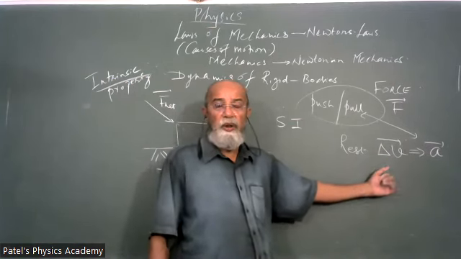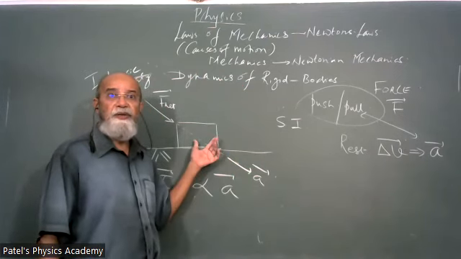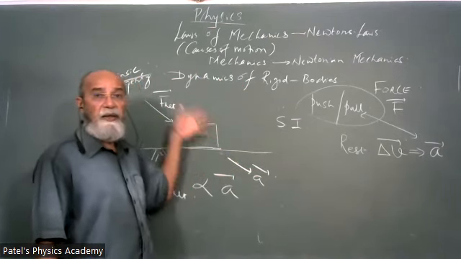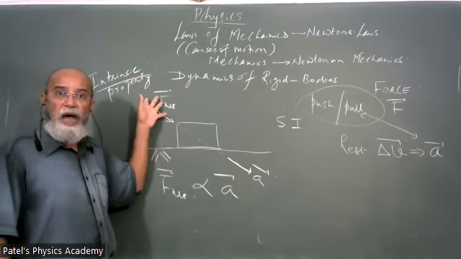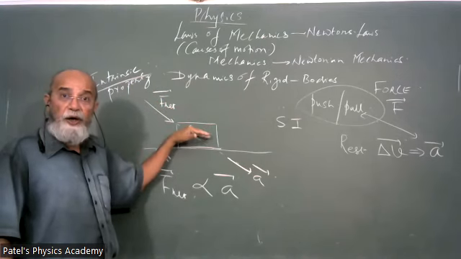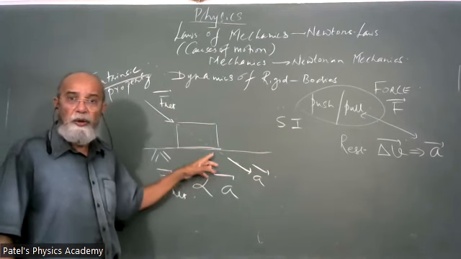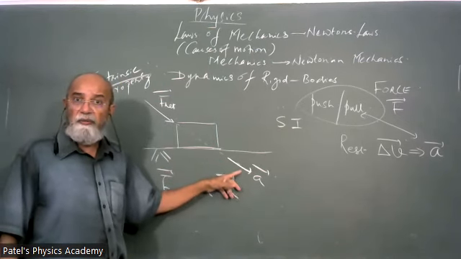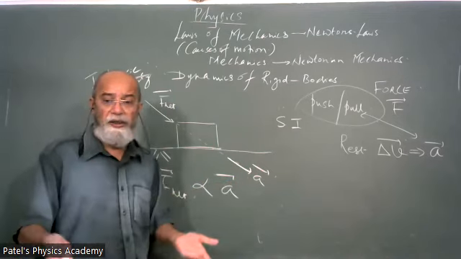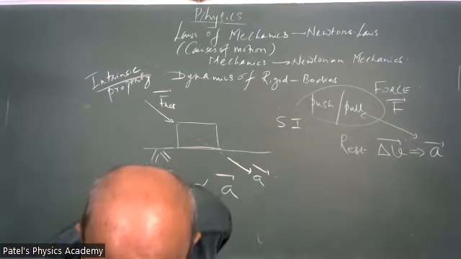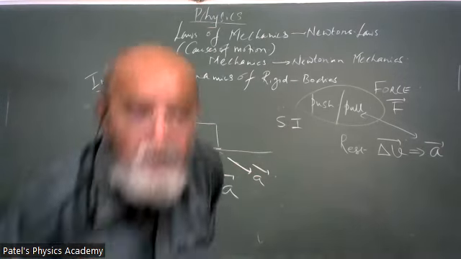Change in motion. The body was at rest initially, and then I created a situation where the net force was acting in this direction on the body which was at rest. Then this body should experience a change in motion in this direction. But to my surprise, which you, me, all of us can experience, I'm applying this force in this direction, but my object is moving in some other direction.